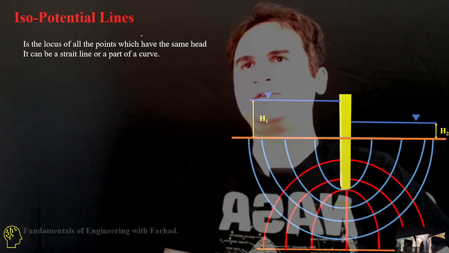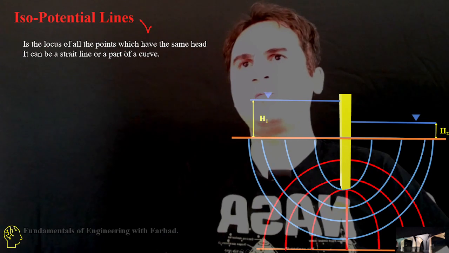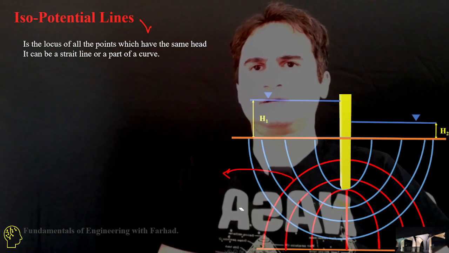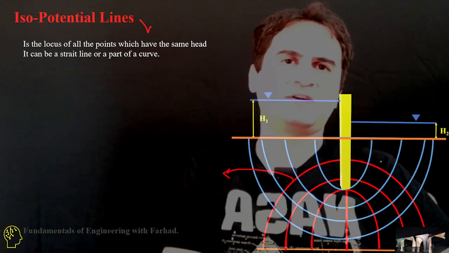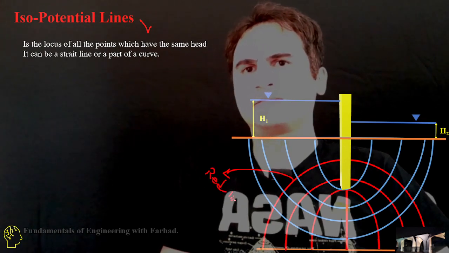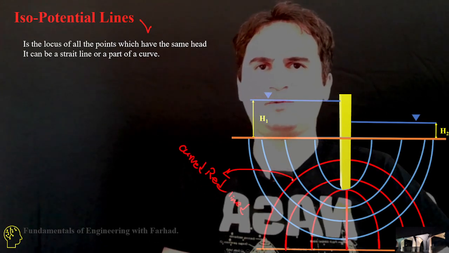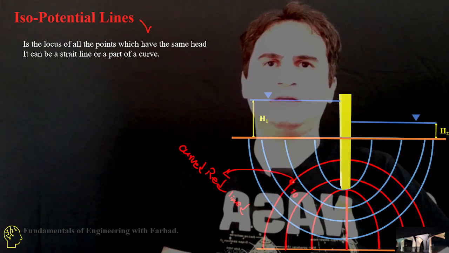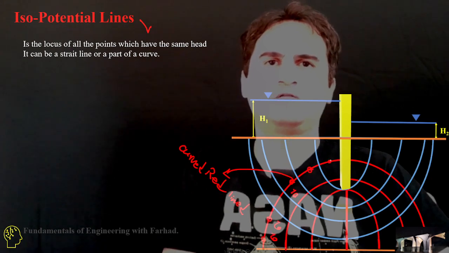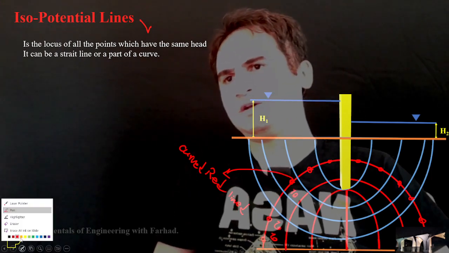Let's define another term: isopotential lines are the locus of all points which have the same head. If you look at this red curved line, for example, if we have a potential of 10 in all locations on this path, we have 10 meters of water head. It doesn't matter which side you stand. That's the meaning of isopotential.